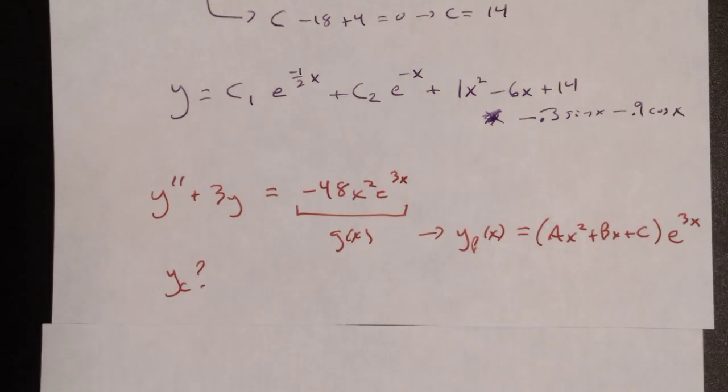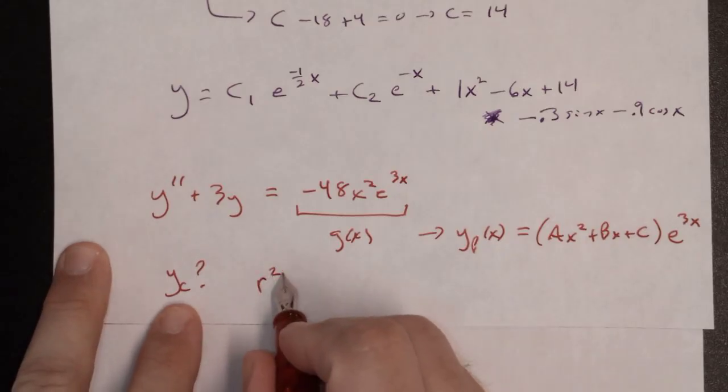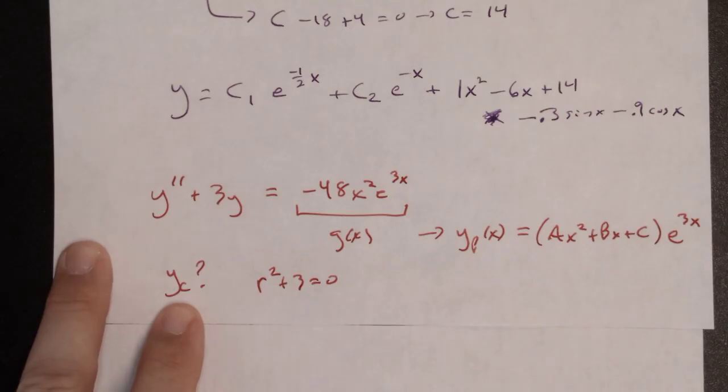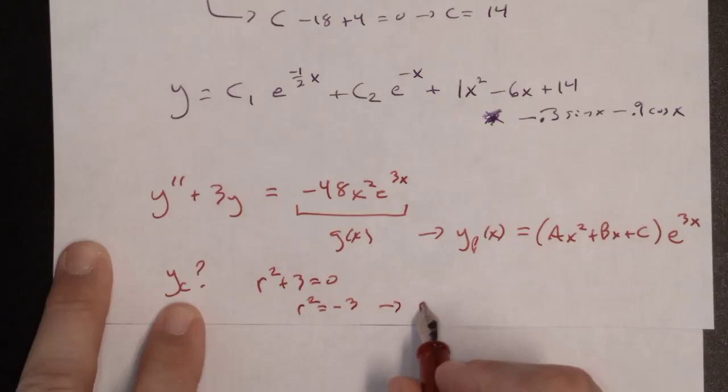R squared. I just make it R plus square root of B. That's C squared. Unfortunately, no, because it's the sum, right? So this is actually giving me r squared equals -3, which gives me r equals a complex root.